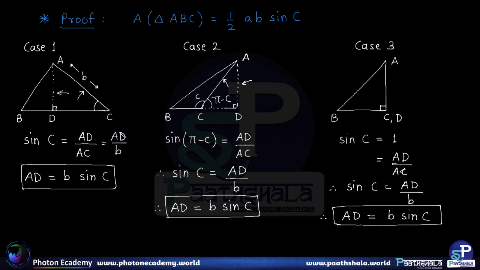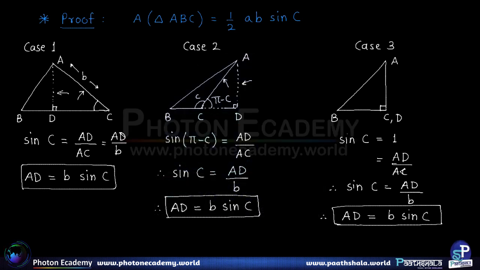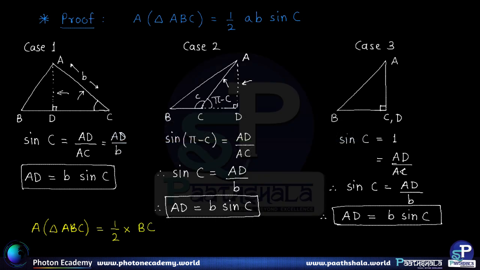So by this we have shown that no matter what type of triangle it is, AD is always equal to b into sine C. Right? And here we observe that AD can be considered as the height of the triangle if we consider BC as the base. Alright. So at the end we write the expression for area of triangle, which we have used since long, that is half the base, that is BC, into height, that is AD.